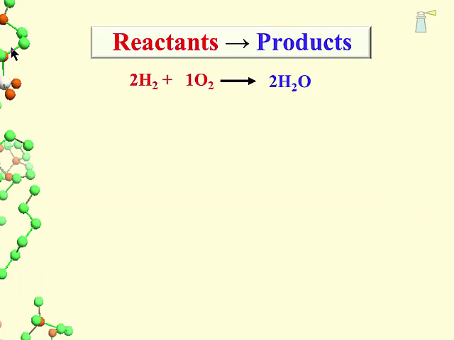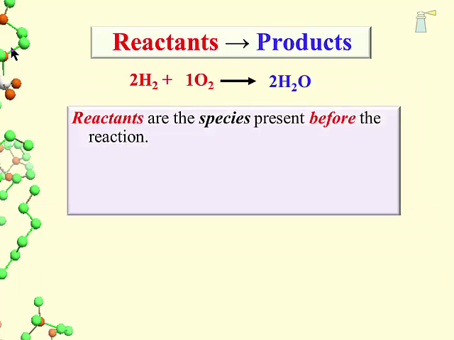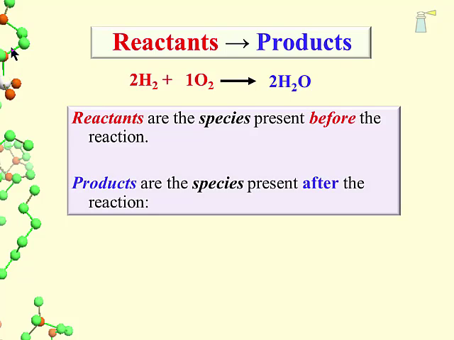2 important terms in chemical reactions are reactants and products. Reactants are the species present before the reaction. In chemistry, the term species just means the atoms or compounds involved in the chemical process. Products are the species present after the reaction.